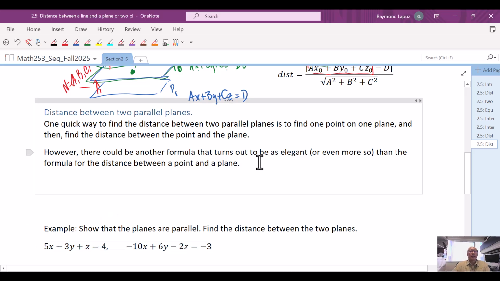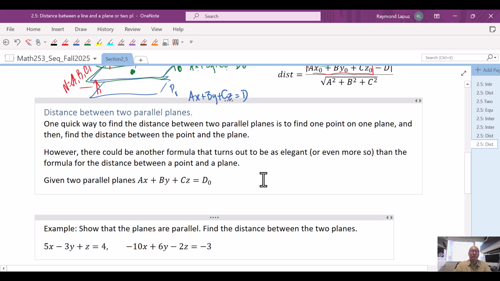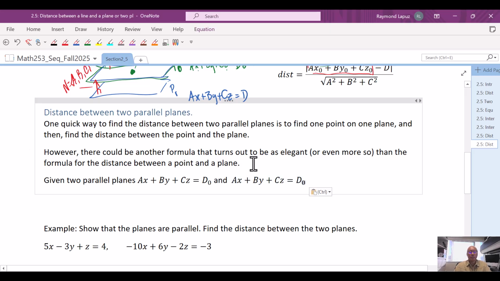And let's just say given two parallel planes, let's give the plane the names ax plus by plus cz, and let's have them have the exact same normal vectors, is equal to, let's call the first one d sub 0, and then the second one will be the same plane. I'm just doing some copy and pasting here.